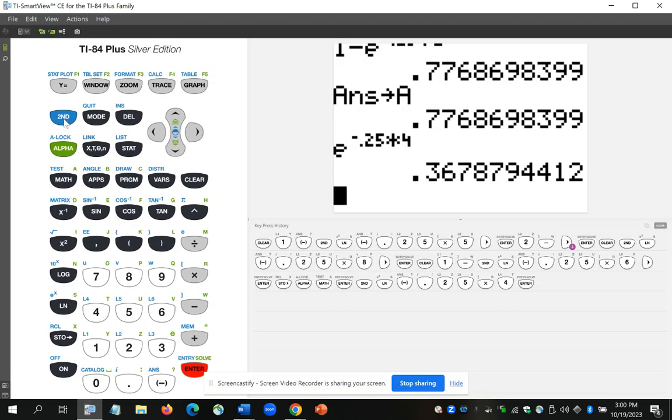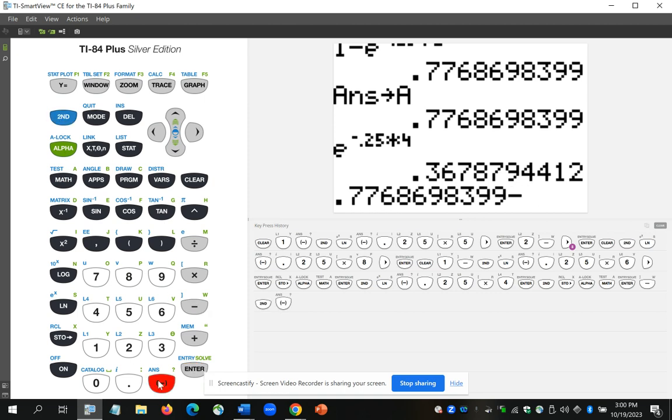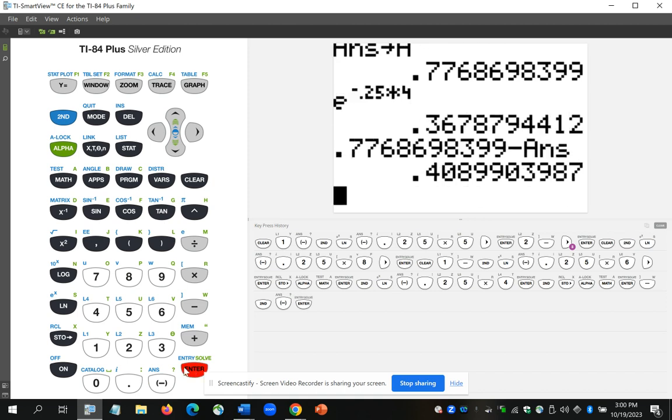So we go second, store, I put it in alpha A, so I'm recalling it, minus the answer that is currently in the calculator's brain, and we get 0.4089903987.